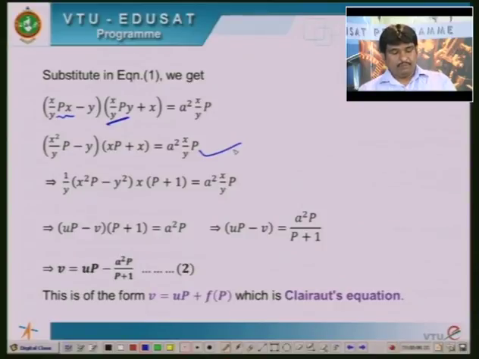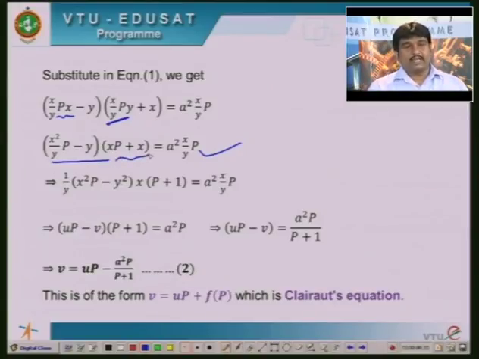Now you have to simplify this. I have taken 1 by y outside, which implies x square p minus y square, because 1 by y into y square is y, into x into p plus 1 equals a square into x by y into p.